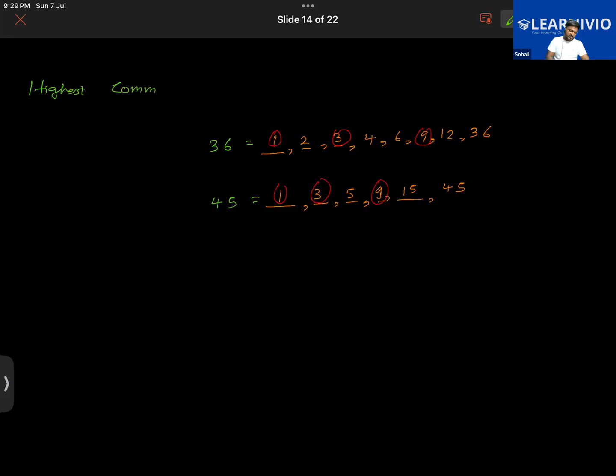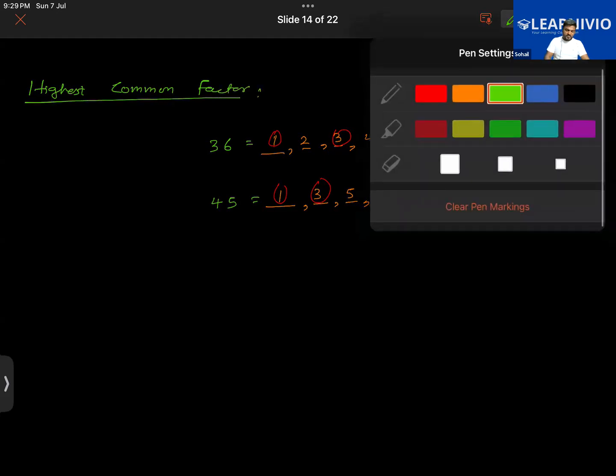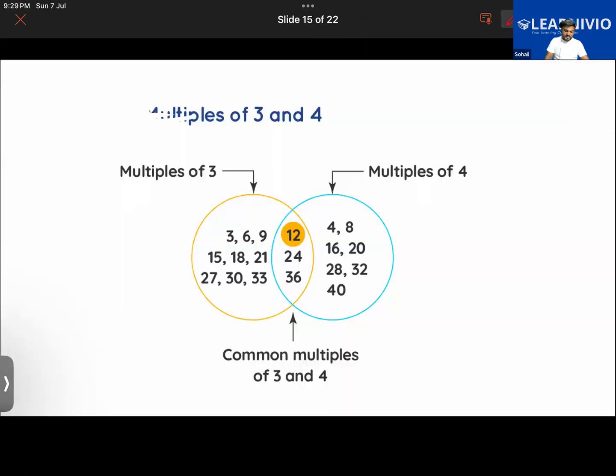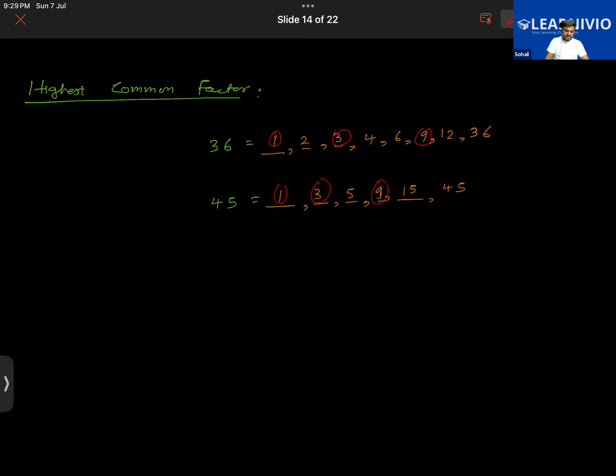Is this concept clear to both of you? Yes. That is highest common factor. So write down this topic in your copies. Give this topic and write down this example also.